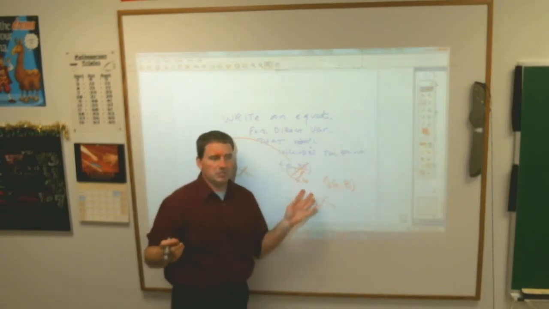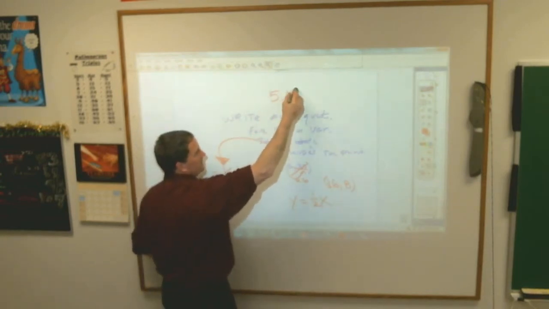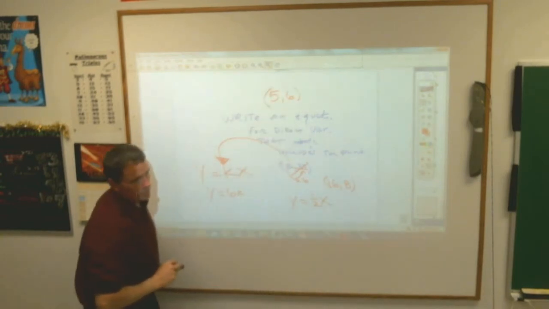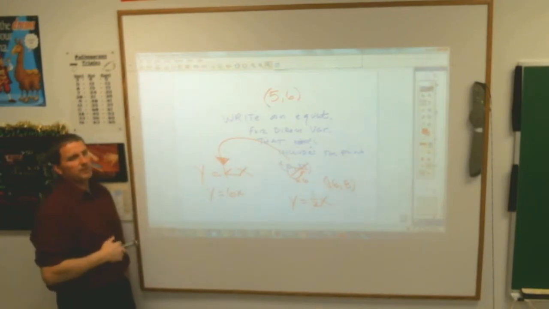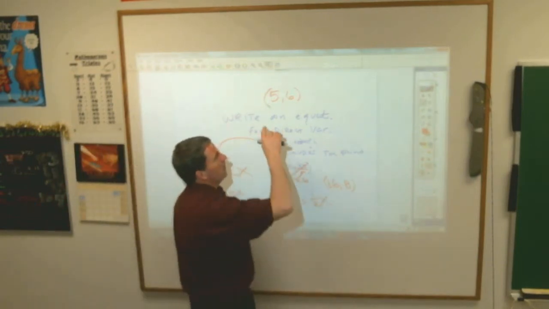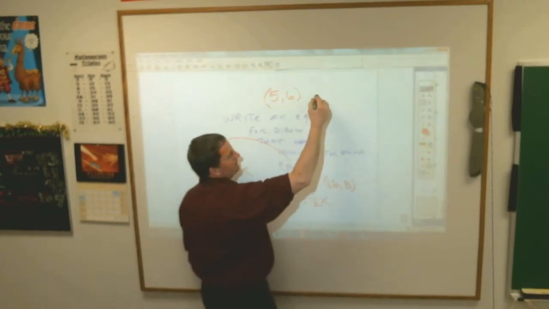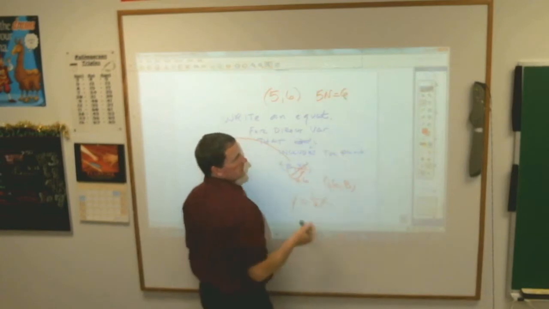even if it was 5, 6. What would the direct variation equation be if the point was 5, 6? Well, you'd have to ask yourself, 5 times what number gives me 6?